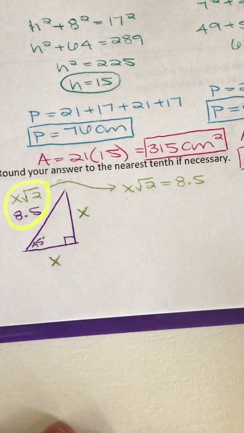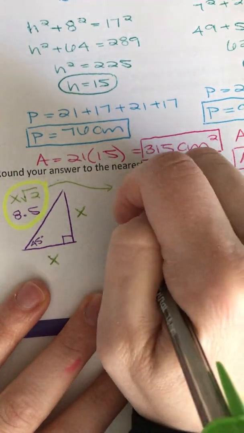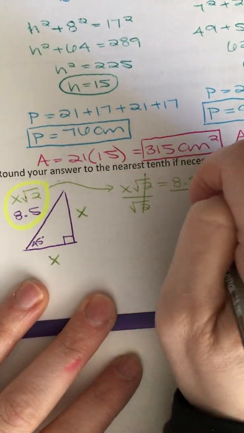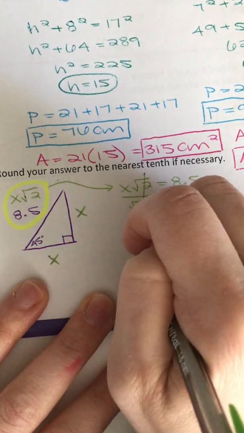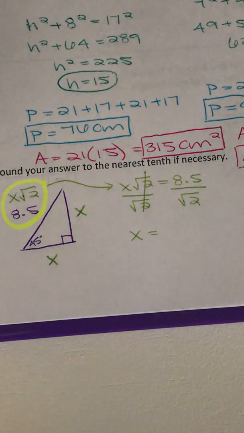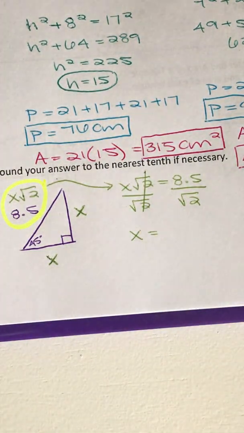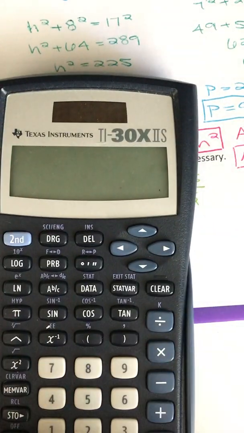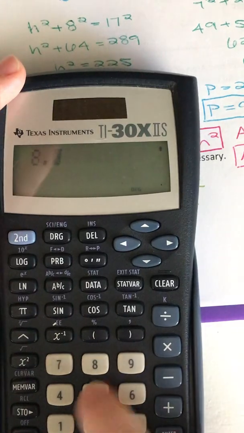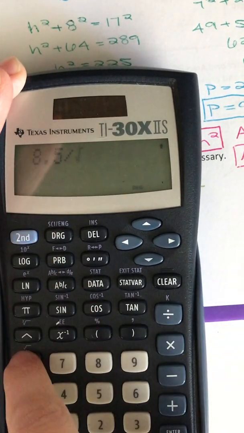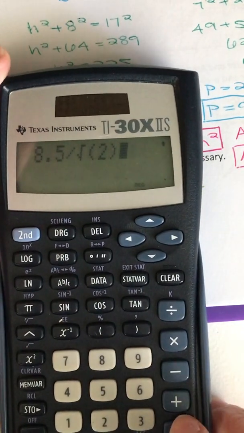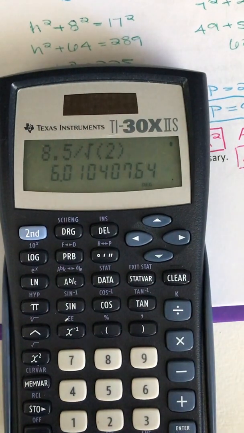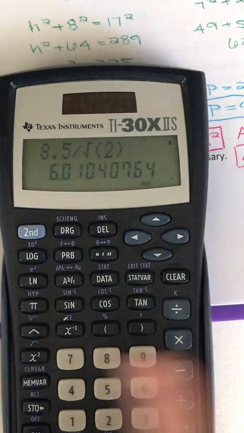So in order to get x alone, I'm going to divide both sides by the square root of 2. And I know that we talked about we can't have a square root in the denominator, but for this problem, I just want a number. So I'm going to let you put 8.5 divided by the square root of 2 into your calculators, and we get 6.0 or 6.